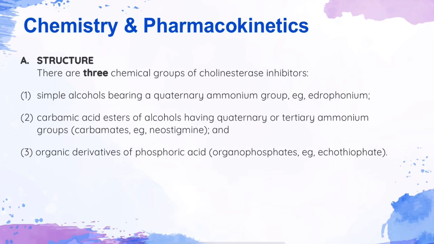So, the chemistry and pharmacokinetics, the structure. There are three chemical groups in the cholinesterase inhibitors. First is the simple alcohols bearing a quaternary ammonium group. Second, the carbamic acid esters of alcohols having quaternary or tertiary ammonium groups. Third, organic derivatives of phosphoric acid.